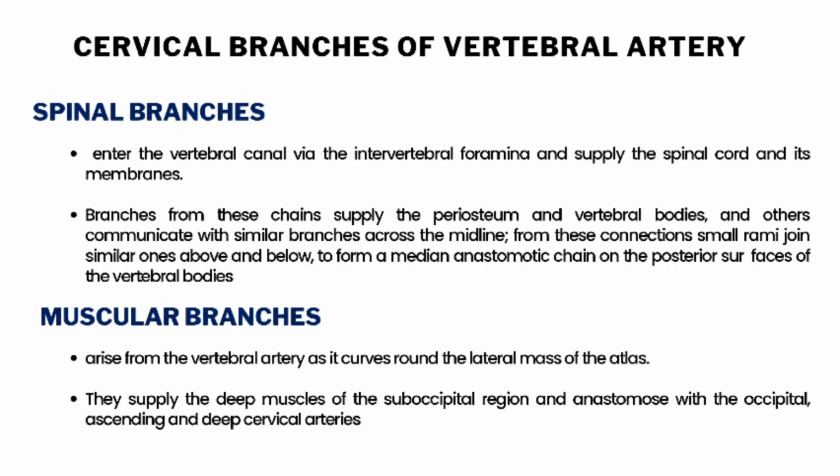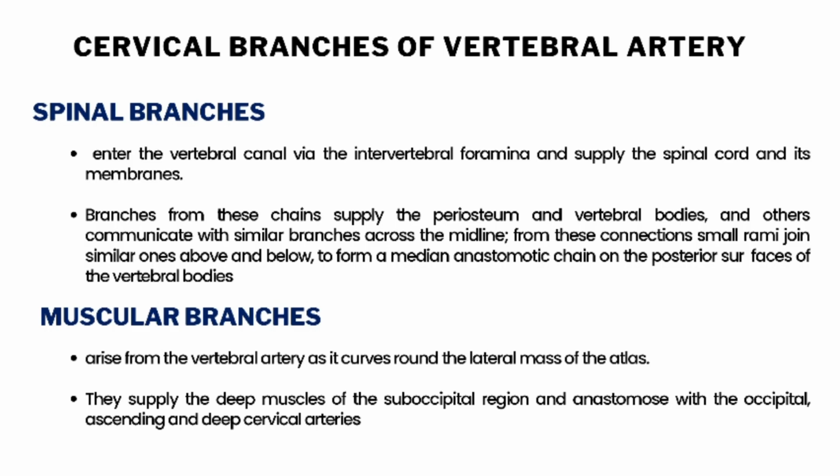Branches from this chain supply the periosteum and vertebral bodies, and others communicate with similar branches across the midline. From these connections, small rami join similar ones above and below to form a median anastomotic chain on the posterior surfaces of the vertebral bodies.